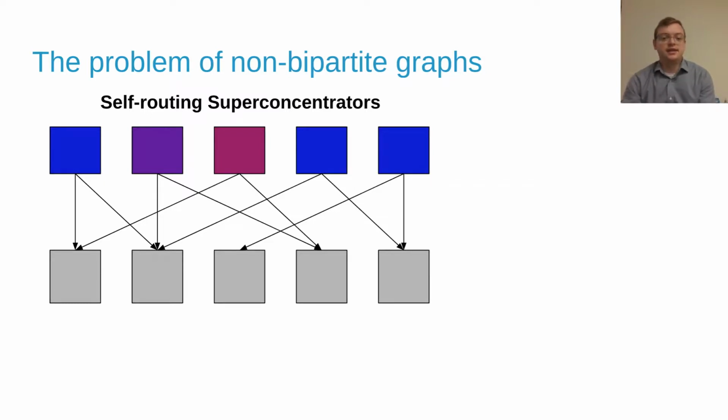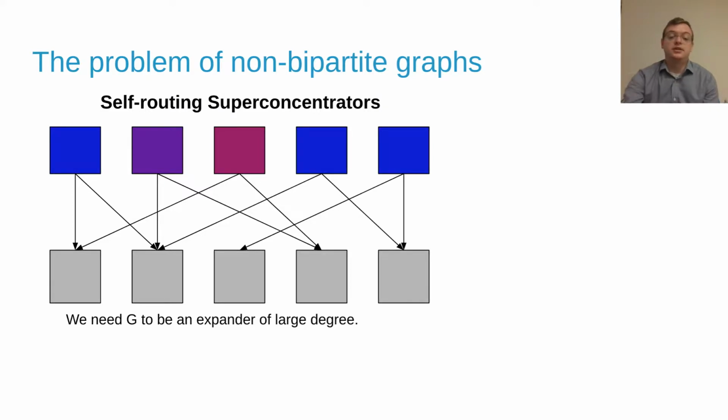And they give instead this bipartite expander graph. Their construction requires this bipartite graph to have very large degree because they exploit something called self-routing superconcentrators that are this old construction from Pippenger that allows them to assign weights to all these edges.